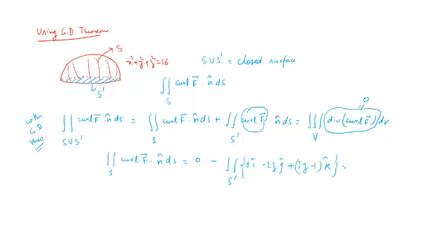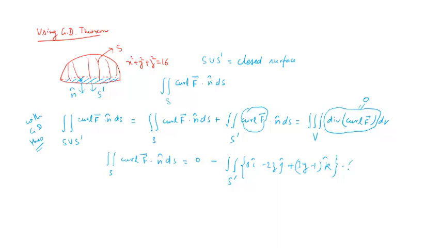This is curl F dot n cap. What will be n cap? Now, since we are integrating over the surface S dash, n cap will be in this direction, opposite to the z axis. So we can take n cap as minus k cap.